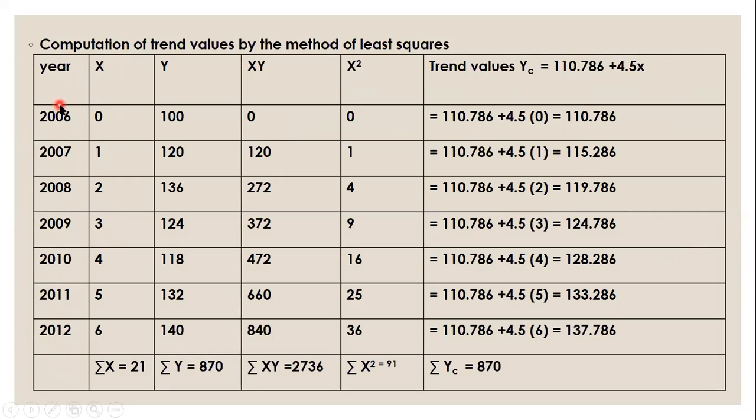So this is one type of assuming x, that is you start from 0 and then you go on till 6 years.